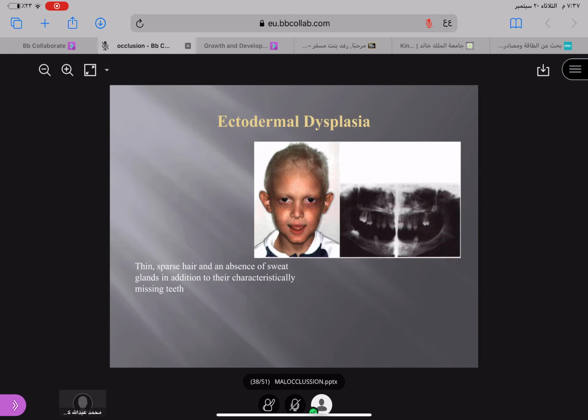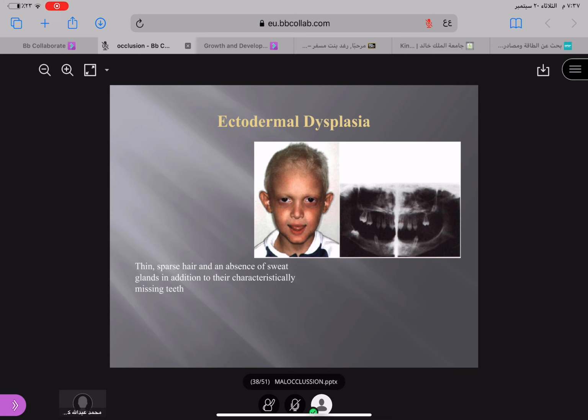One of the conditions, known as ectodermal dysplasia, is characterized by the presence of thin, sparse hair throughout the body, the skull, the eyebrows, you can see, right? And an absence of sweat glands, so the skin will be scaly and dry. In addition to this, hypodontia is evident.